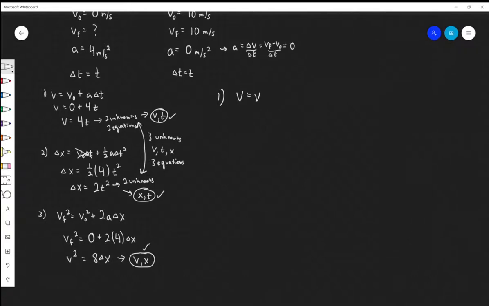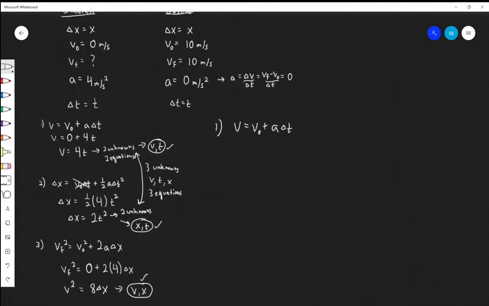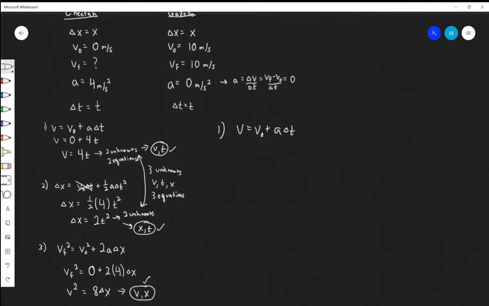V equals v naught plus a times change in t. So v final equals 10, equals v initial, which is also 10, plus a times change in t. So I can plug in 0 for my a, that goes away, and I just proved that 10 equals 10. Woohoo. So I need to go to the second equation. Let's see what we got here.